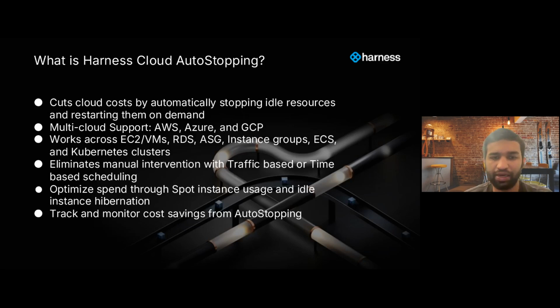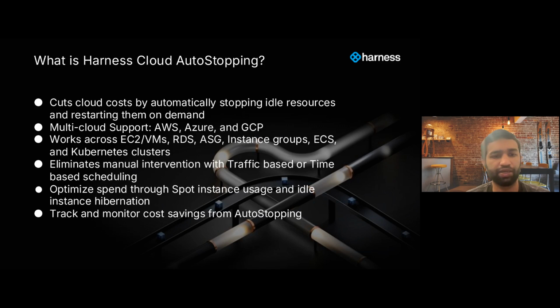What Cloud Auto Stopping supports is automatically stopping idle resources and restarting them on demand. It has support across the major cloud providers: AWS, Azure, and GCP. It can work on various resources like EC2 and VMs.